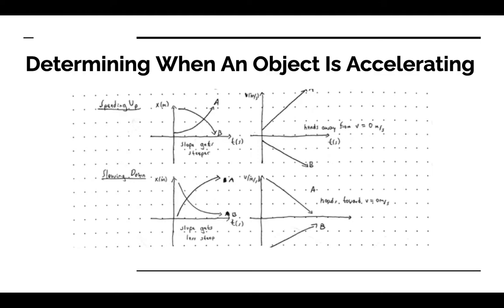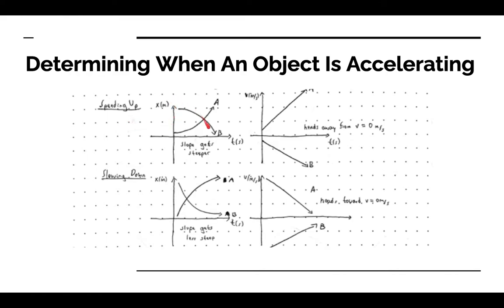So if we recall, an object that's accelerating can accelerate in three different ways: to speed up, slow down, or change direction. So in the case of one-dimensional motion, we can change direction, we can speed up, we can slow down. In fact, we've already seen each of these at play with our position versus time graphs and velocity versus time graphs before.